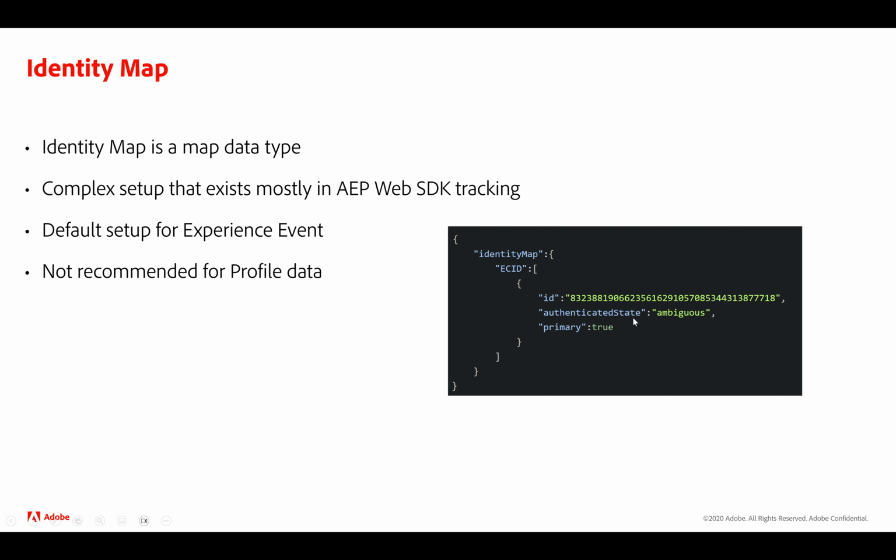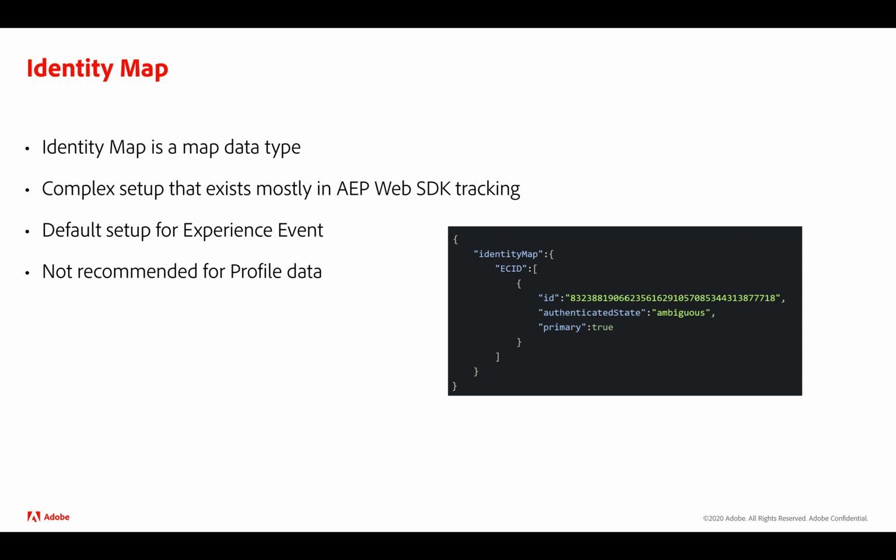And you have the authenticated state, which can be ambiguous, unauthenticated, logged out, or authenticated. And if it's your primary, the primary flag will tell where this record is going to be stored, because each record in your dataset is going to be stored at the layer of its primary identity.